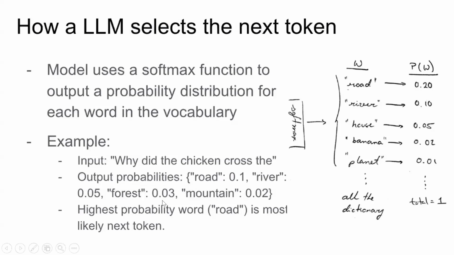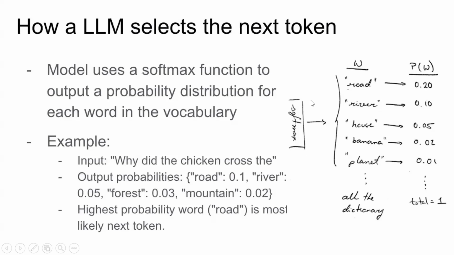Now, when it has to output the next probable token out of those 100 words in the dictionary, it will create a probability for each. So one word will have a probability of 0.2, the other 0.1, the other 0.05, like that. If I sum all those probabilities, it will come to 1.